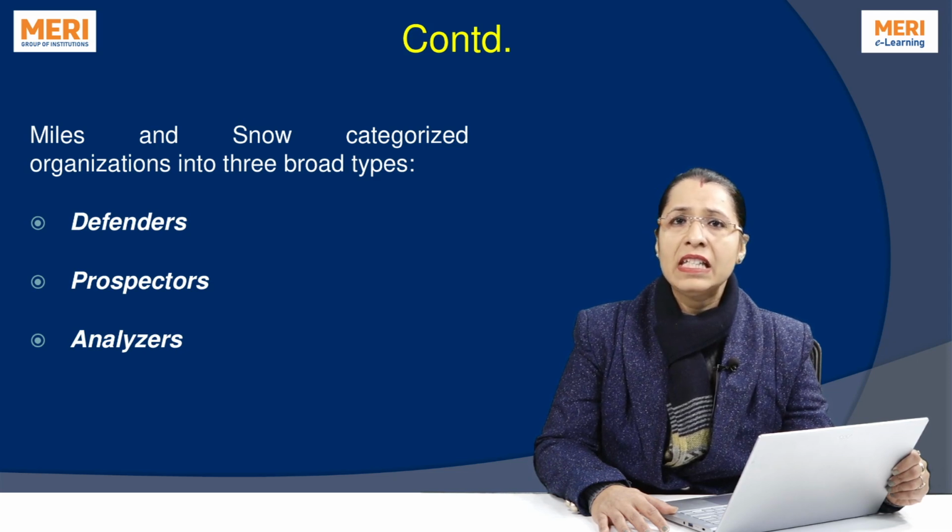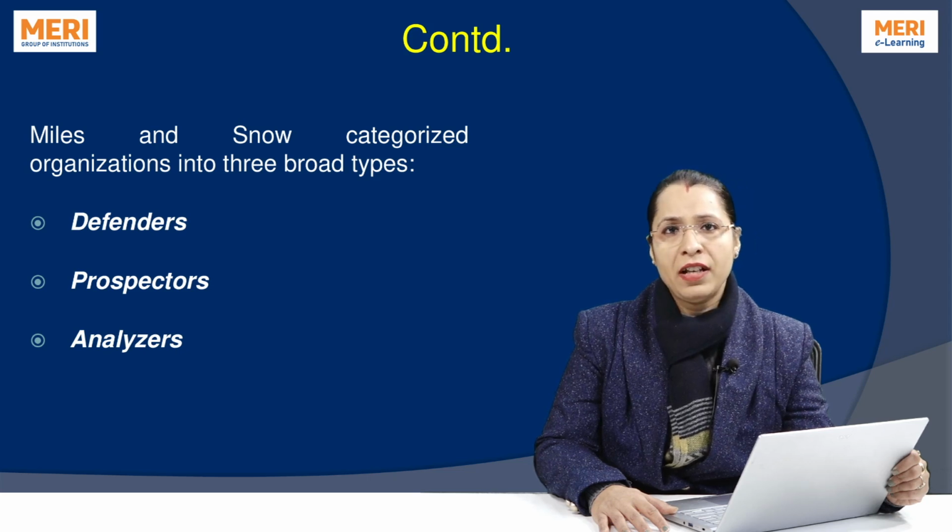Now, the second is the prospector, known for innovation and diversification. Prospectors invest heavily in research and development to secure a first mover advantage. While these organizations are not highly efficient, their emphasis is on exploration, innovation and expansion into new markets.